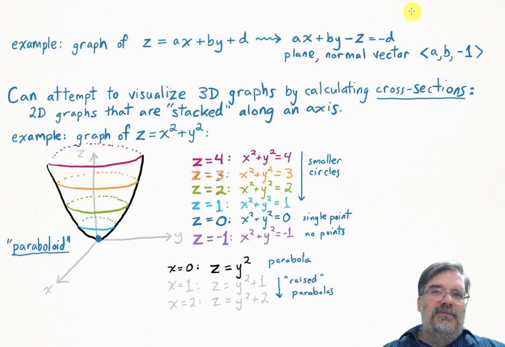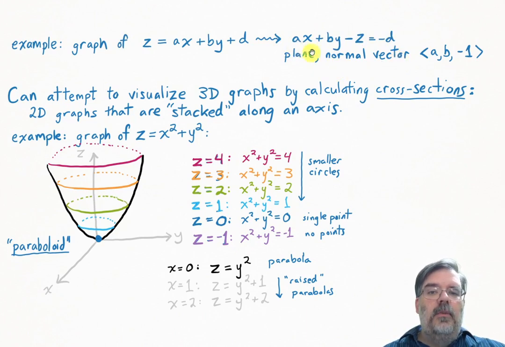It will help to graph functions sometimes. The simplest function to graph, we've seen pictures of these before, is the function z equals ax plus by plus d. A function with this general form could be rearranged in this form, which we know is the equation of a plane.